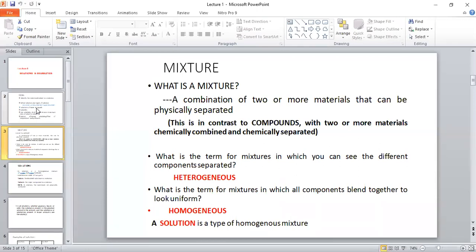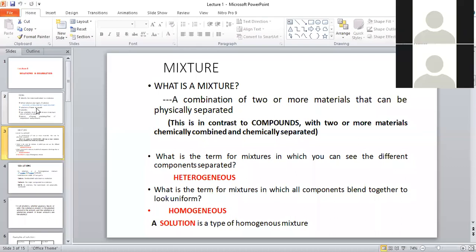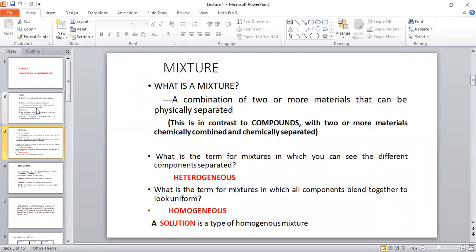Even the soup you cook at home is also heterogeneous because the components are not evenly distributed. You have your vegetable, the solid here, the liquid here, the oil here, and so on. That's a heterogeneous mixture.